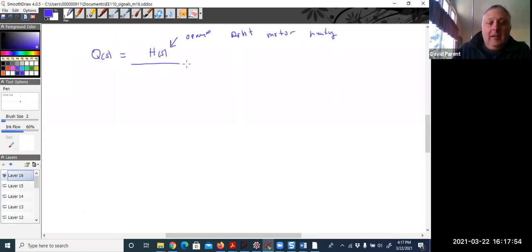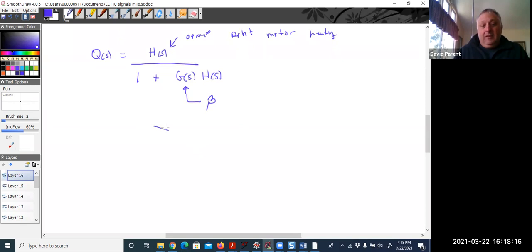Then we're going to put it in negative feedback, and there's going to be some transfer function for the feedback. Today, that transfer function of the feedback was just beta.